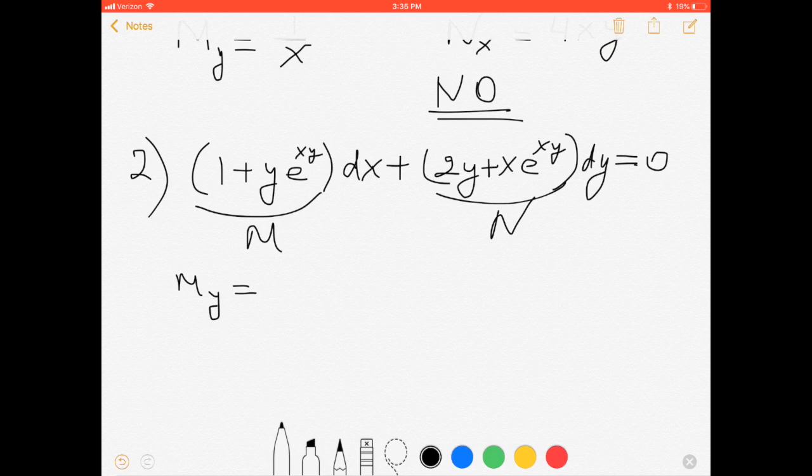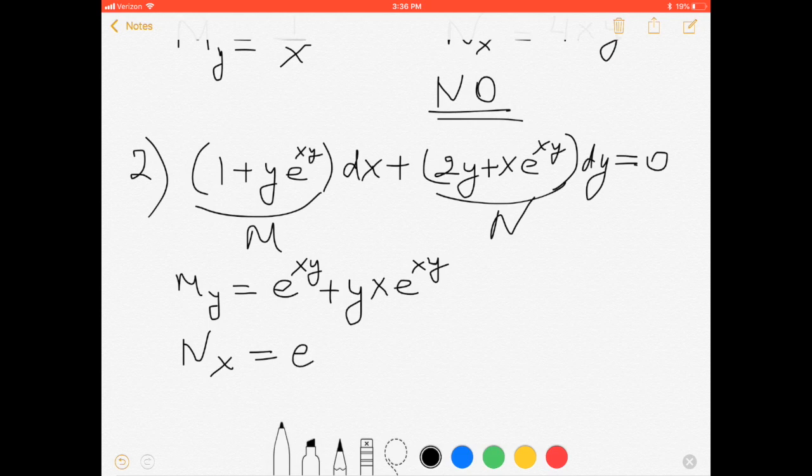Derivative of M with respect to y will be, here you have 1, it's 0, no problem. Here we have a product of functions, y and e to the xy. This means e to the xy plus y x e to the xy. And the derivative with respect to x, 2y gives 0, and here we have a product.